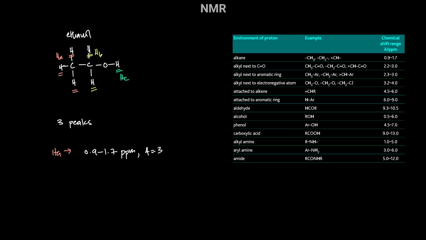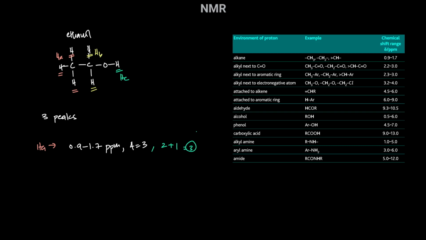Okay, and then the splitting pattern will follow the n+1 rule, right? So here, if you look at the neighboring carbon, it has 2 protons. So HA will split into 2 plus 1, n is 2, so it will split into 3. Okay, so it will be a triplet.